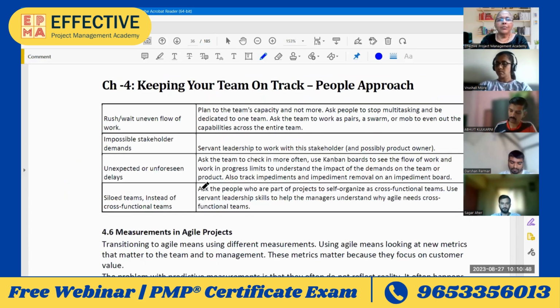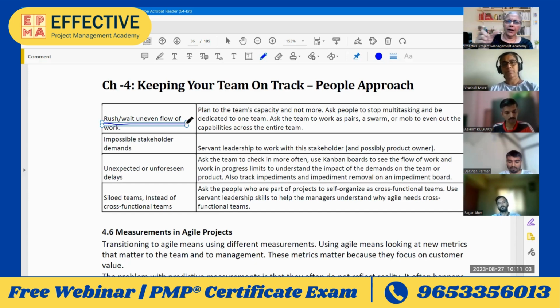Rush and wait: plan to the team's capacity, and ask people to stop multitasking. What's happening here? Rush, wait, uneven flow of the work. Sometimes the team is delivering well, sometimes the team is not delivering well, then they are not completing the entire iteration well. Why is it happening?